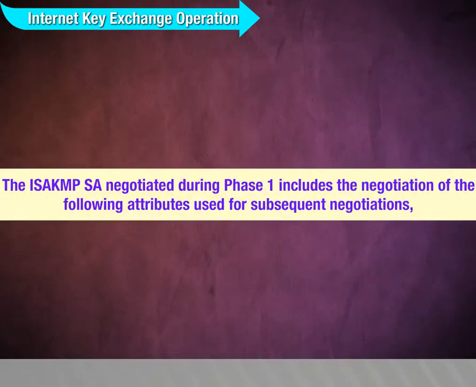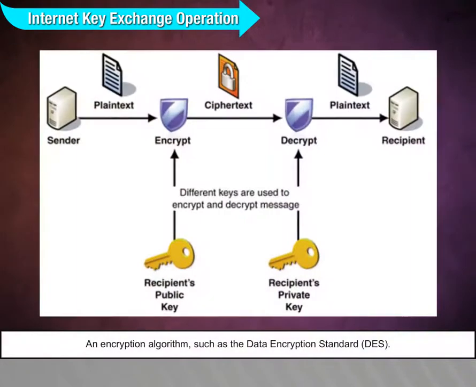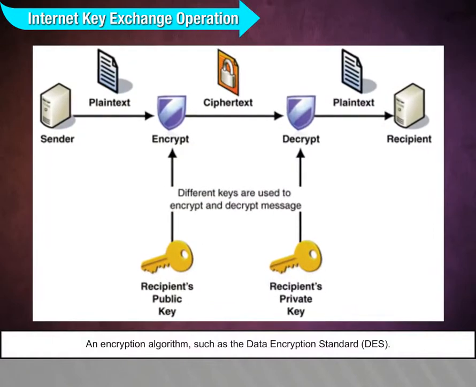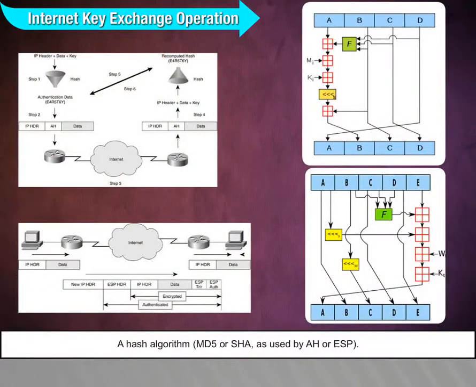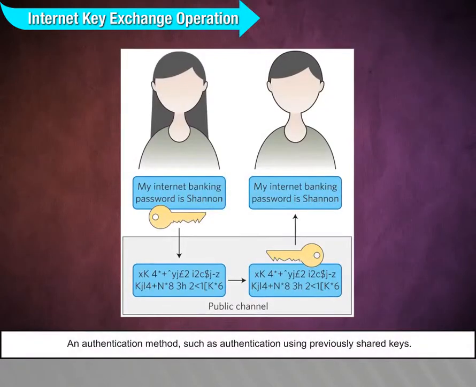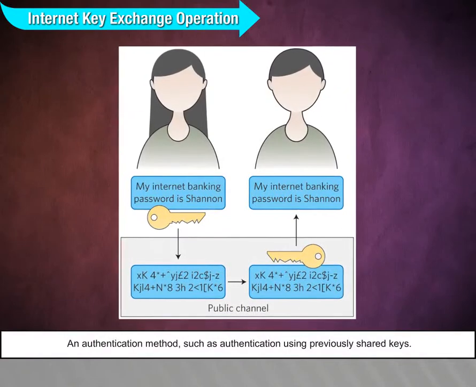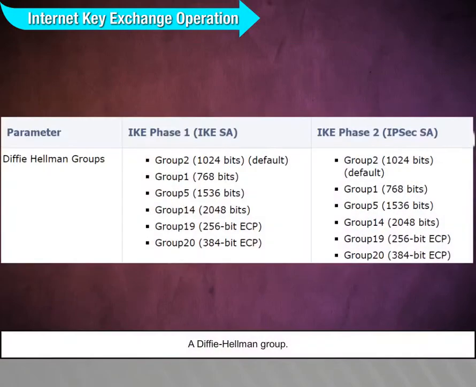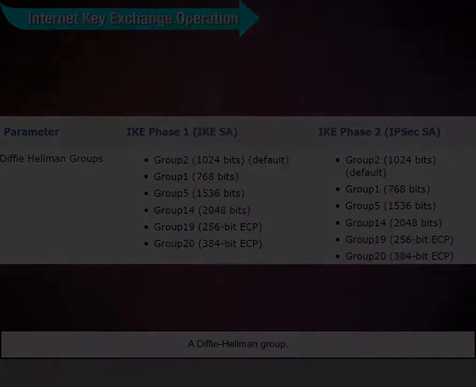The ISAKMP SA negotiated during Phase 1 includes the negotiation of the following attributes used for subsequent negotiations: an encryption algorithm such as the Data Encryption Standard (DES), a hash algorithm, MD5 or SHA, as used by AH or ESP, an authentication method such as authentication using previously shared keys, and a Diffie-Hellman group.